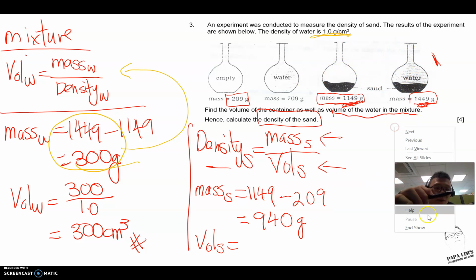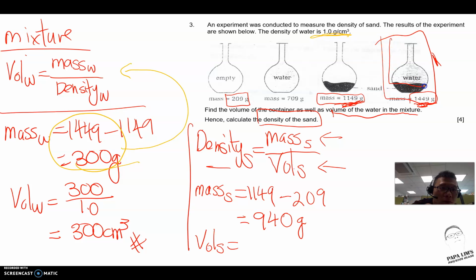If I know the volume of the flask, and I know the volume of the water, I should be able to find the volume of the container here. So the volume of the flask is 500. The volume of water inside this flask is 300.